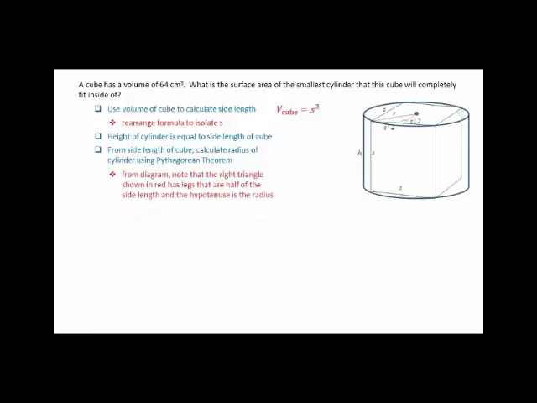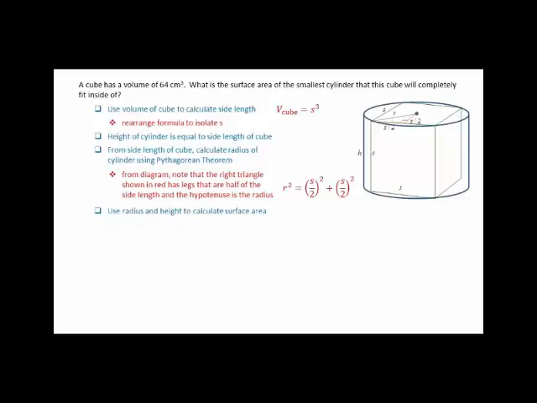Note in the diagram, the red triangle is a right triangle, where R is the hypotenuse and the two legs are half of the side length, S over 2. To calculate the R, we can then say R squared equals S over 2 squared plus S over 2 squared.